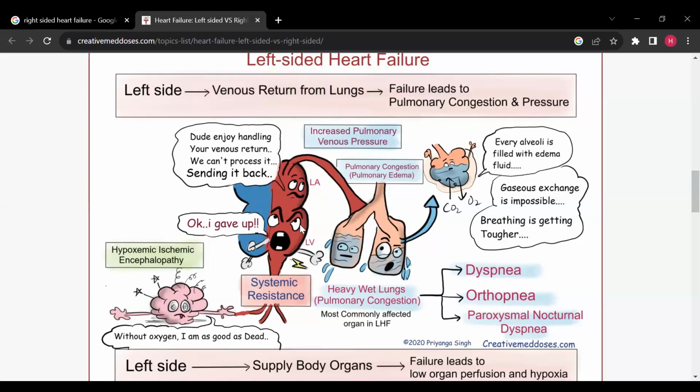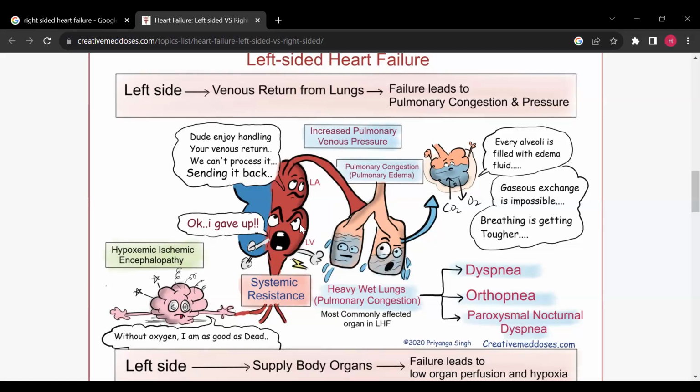Does anybody know the normal ejection fraction? I think it's usually 55 to 60%, not so sure. Yeah, the normal ejection fraction is 50 to 70%, but in heart failure it's lower than 40%.